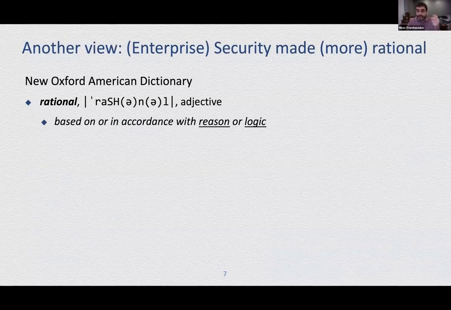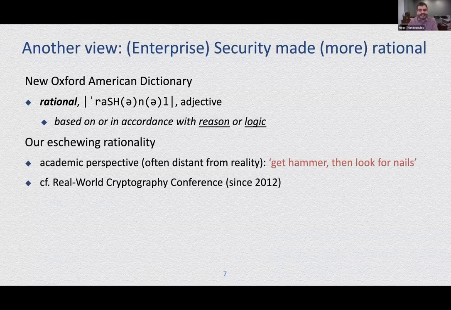I mentioned earlier that I often refer to this fact that sometimes our solutions are not so rational, with some very intuitive definition of being reasonable and being according to logic. And I have to say that I mostly work on applied cryptography, and sometimes, especially the academic view would be, let's try to do something like having a hammer on an existing solution and try to find applications.